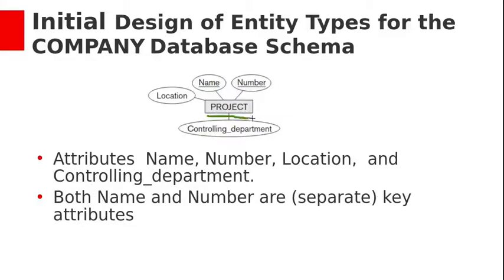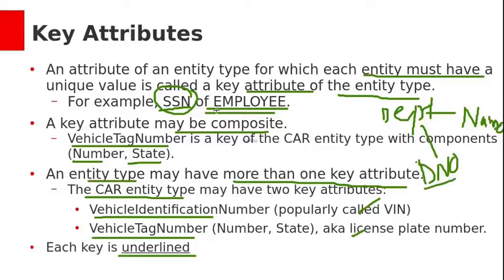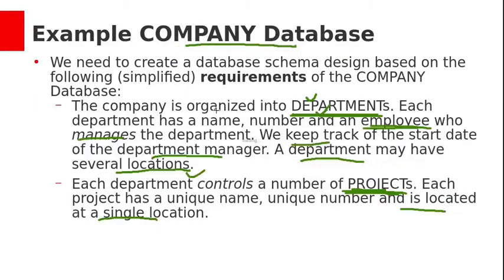Another entity type, project. It has attributes name, number, and location. See here, department has many locations, which is represented with a double oval. All these are simple attributes, so single oval. But when we see the requirements of project, location is a simple attribute.